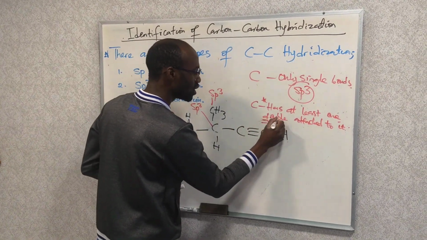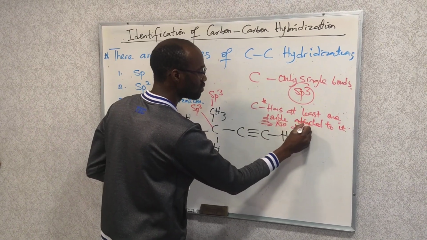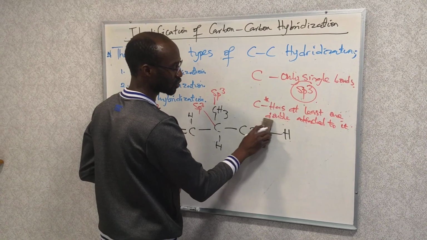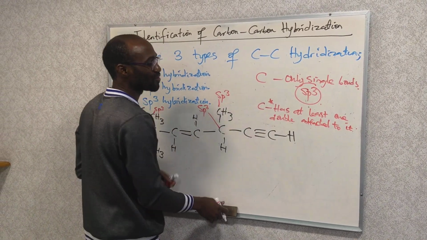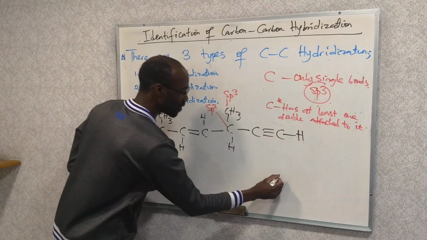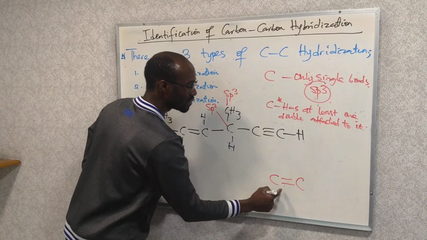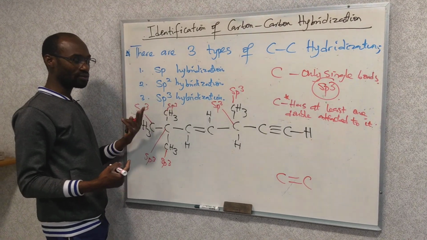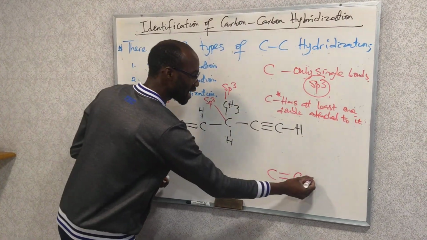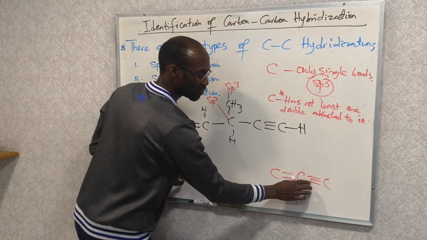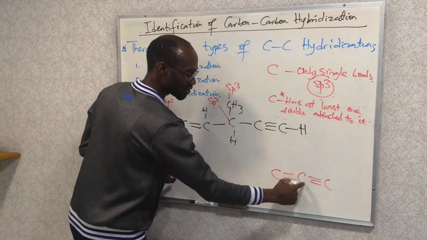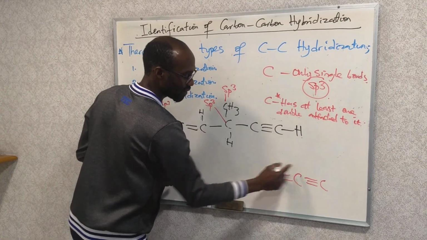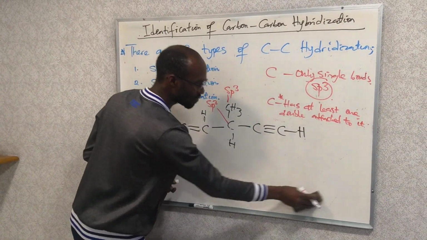But make sure there is no triple bond, of course. It will not have a triple bond because it's logical. If a carbon is double bonded to another carbon, it cannot have a triple bond, because look at this: 1, 2, 3, 4, 5. It would not satisfy the tetravalency of that carbon.